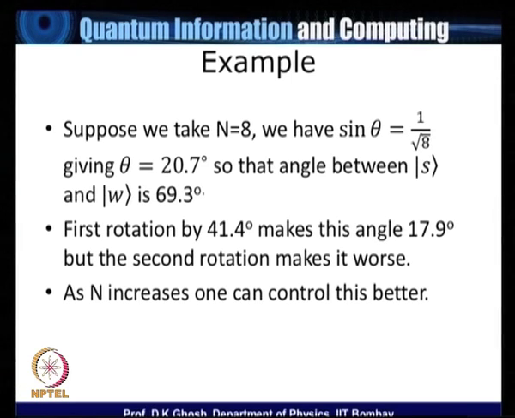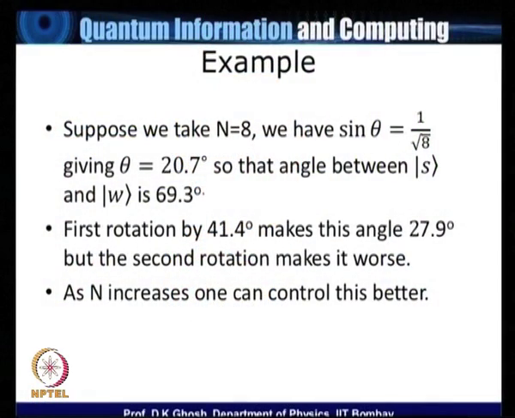Now you would say, this is incidentally not always true. Look at what happens if I have n equal to 8. We have seen that in principle I would need classically about half of the searches. In this case, my sine theta is 1 over square root of 8, and if you calculate using a calculator, you will find theta happens to be 20.7 degrees, approximately 21 degrees. Now, if theta is 21 degrees, the angle between S and W here is 69 degrees.